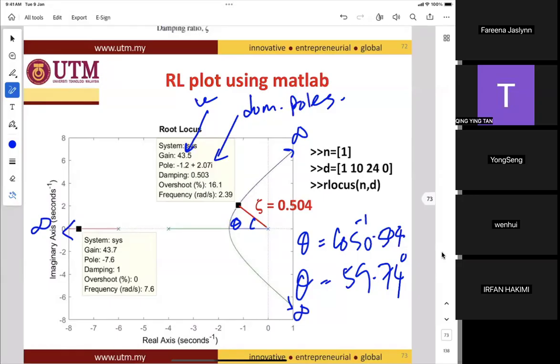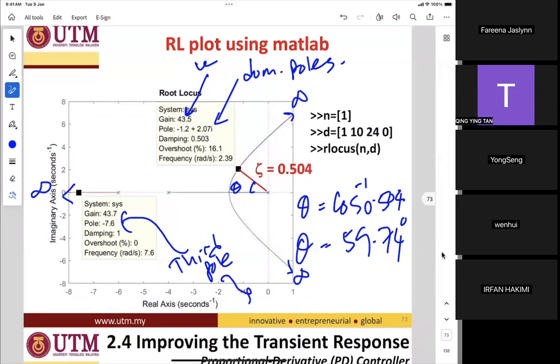The value is negative 7.6. How do you get the third pole value? Using what? Formula.